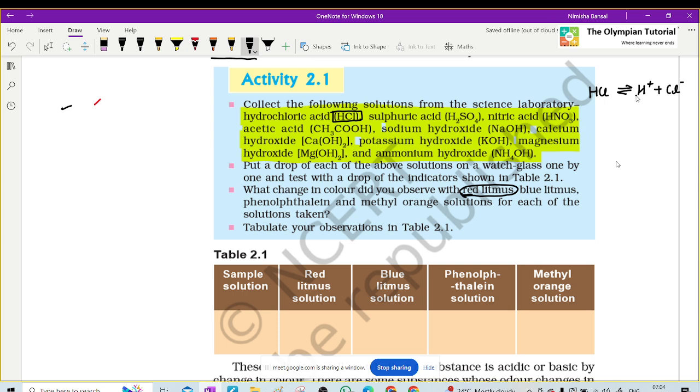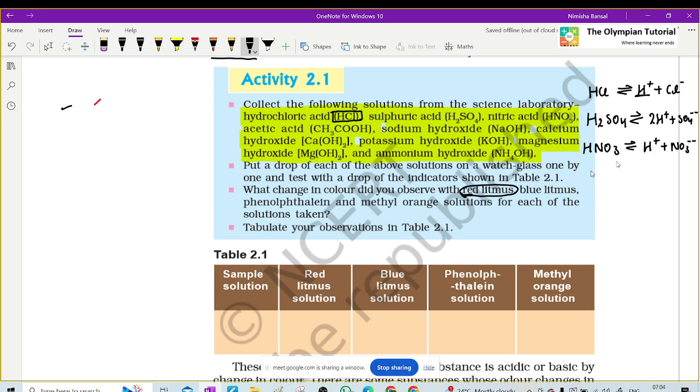Yes. Due to this free hydrogen ion, it is acid. H2SO4 will give hydrogen ion and sulfate ion. Next is nitric acid, hydrogen ion and nitrate ion. Very good.